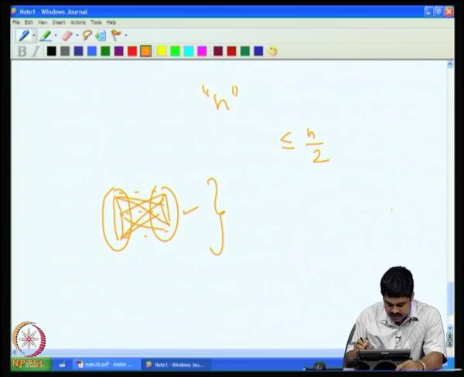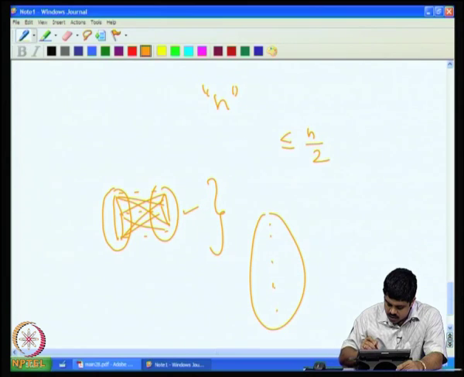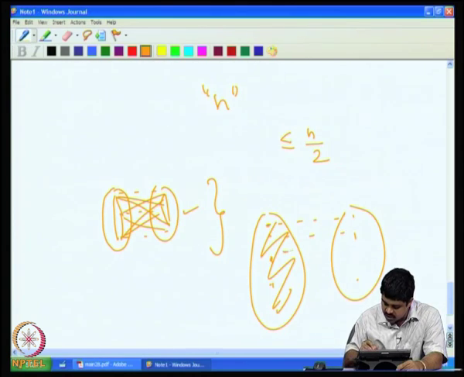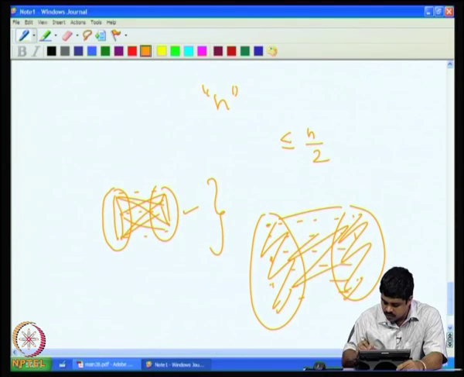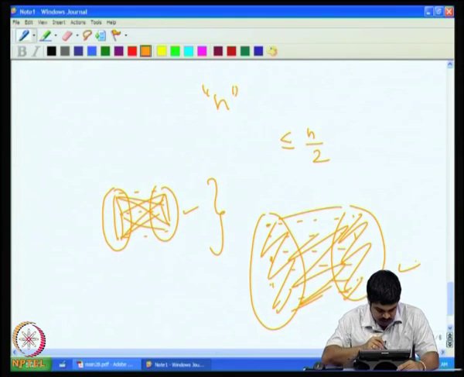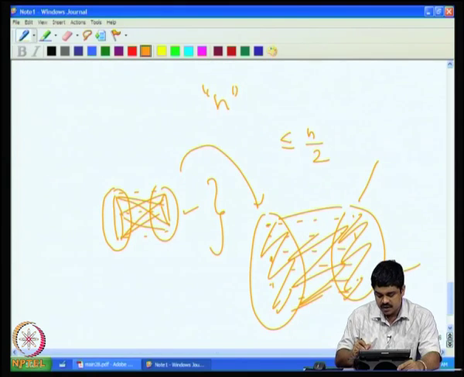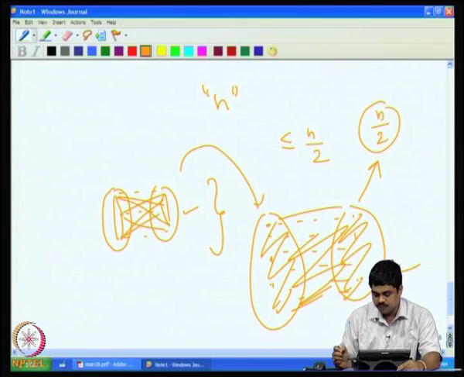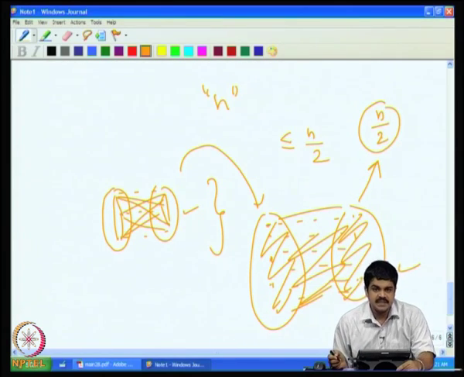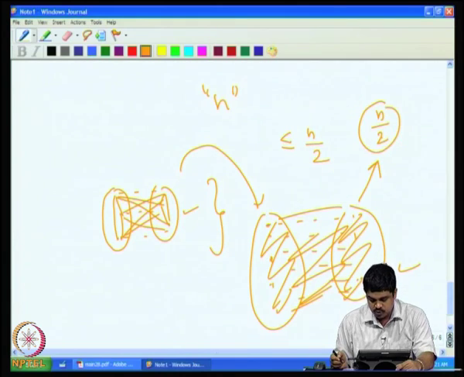Extending the argument, we can put n by 2 vertices here and n by 2 vertices here, and then we can put all the edges except a perfect matching here, all the edges except a perfect matching here. This is exactly this graph. Instead of 3 vertices, we are taking n by 2 vertices here, n by 2 vertices here. We can argue that at least n by 2 interval graphs are required if I want to represent it as the intersection graph of so many interval graphs.